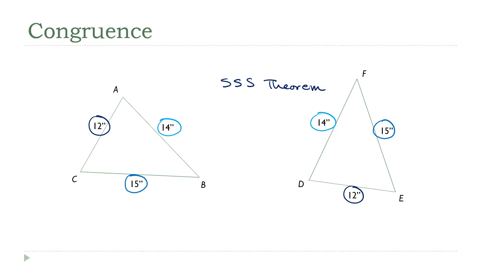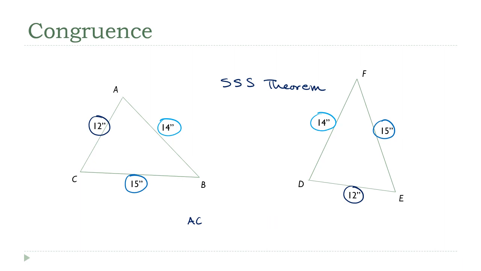Okay, so how would I write this? Because remember, we're very particular. We have to be able to pull the correspondences out of the congruent statement. So I'm going to do the 12-inch sides first. If I start with side AC from the left triangle, then I have to start with side FD from the second triangle.